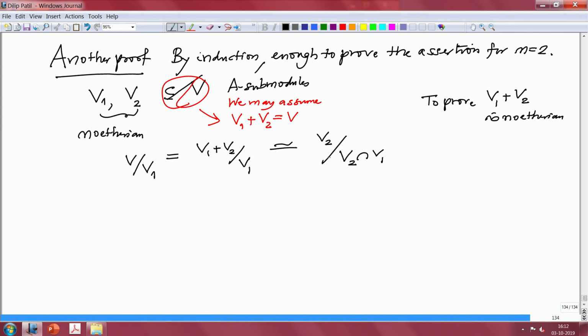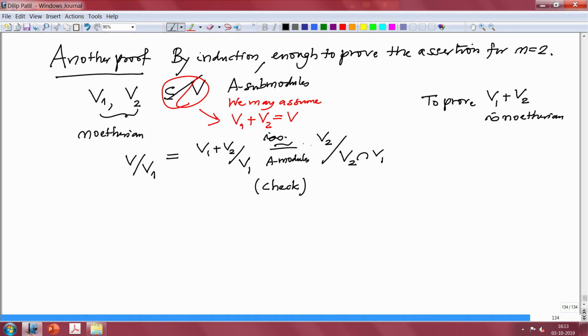You can use the earlier isomorphism theorem appropriately to conclude this. So this is an isomorphism of A modules. This is a corollary to the isomorphism theorems I have proved earlier. Okay.